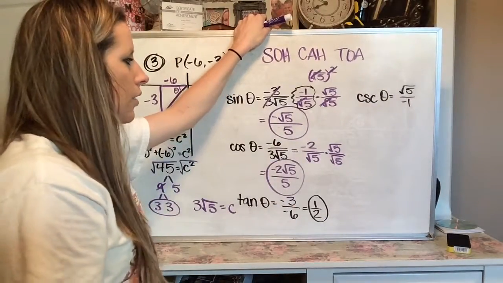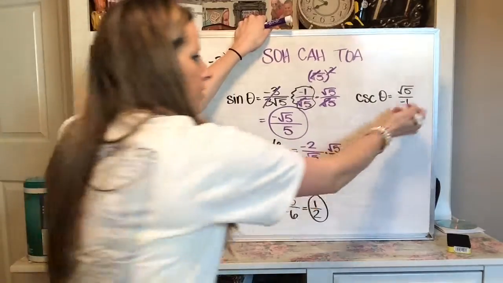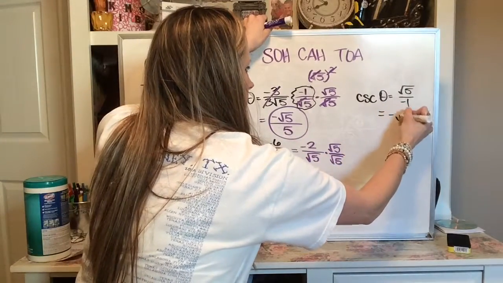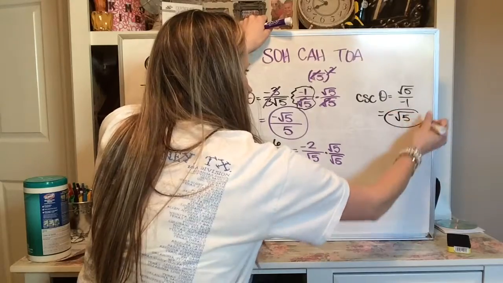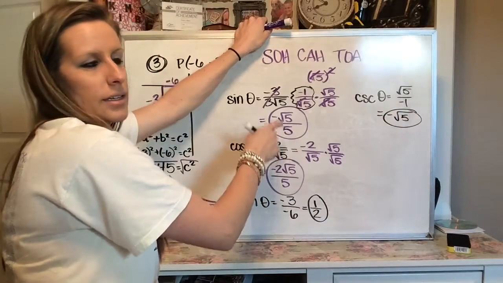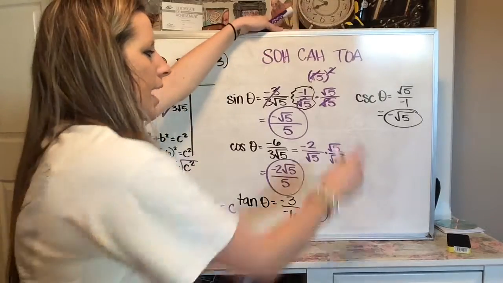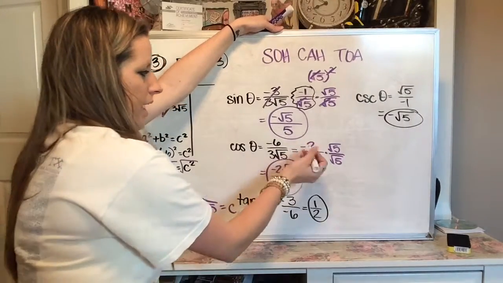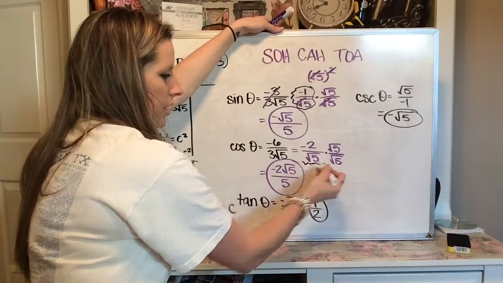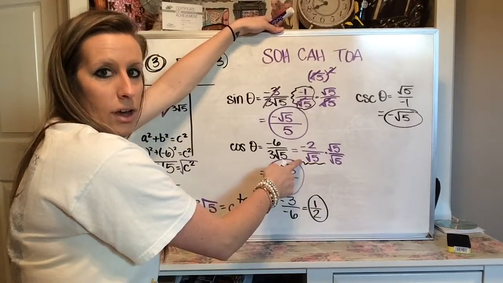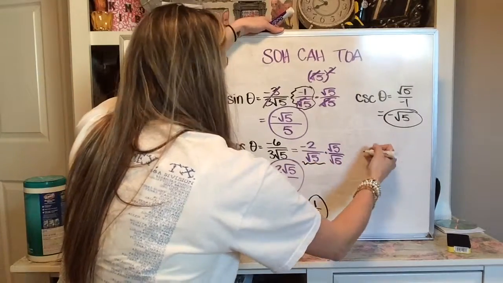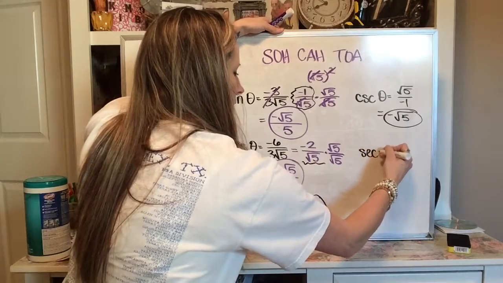Okay, and you would get the same answer. You would get negative square root of 5 if you were to flip this and get rid of the radical and simplify it. But I think it's a little easier to take that fraction that had the radical in the denominator and flip that one instead. I think it's faster.